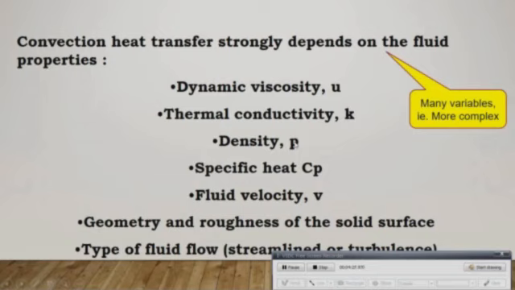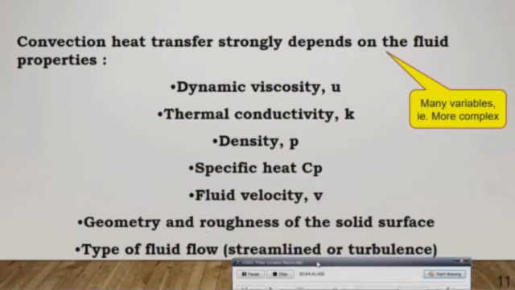Then we have the density of the liquid itself, the specific heat, fluid velocity or speed, as well as the geometry, because geometry will determine the area, and the type of flow, normally represented by the Reynolds number.